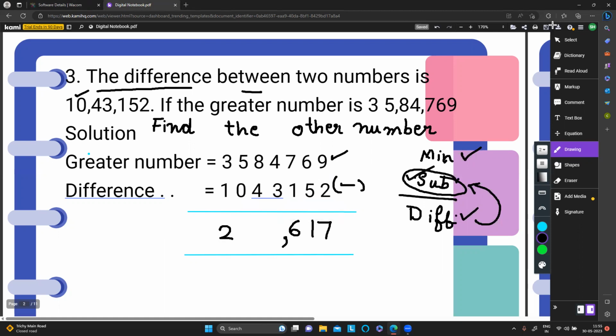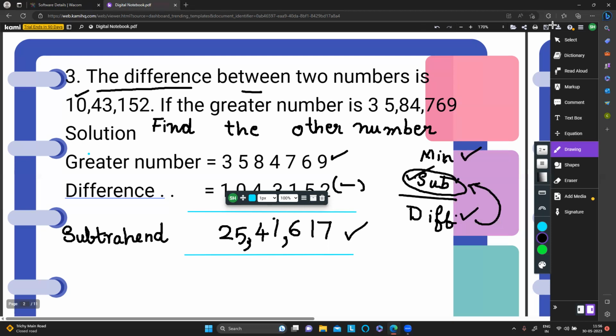So this 25,41,617 is going to be the other number. Otherwise, you can say you have got the subtrahend here. You have obtained the subtrahend rightly. How you have got it: the difference is being subtracted from the minuend so that you get the subtrahend.